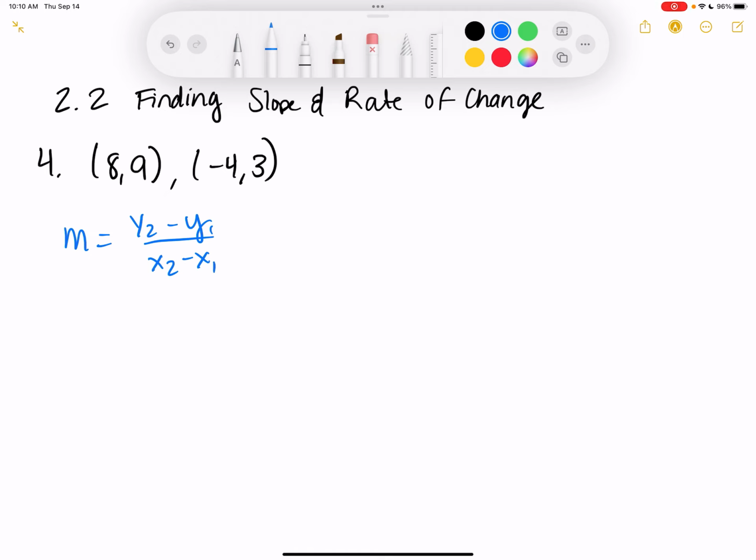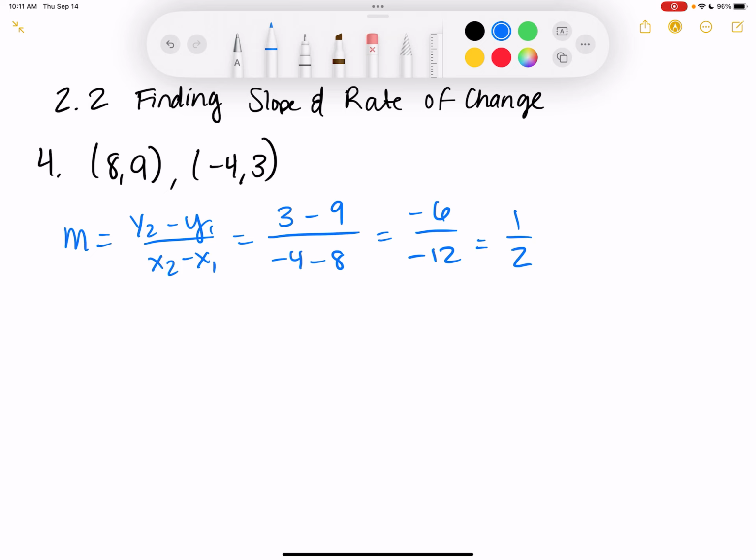I won't write it every time, but just the first time I'll write it out. It doesn't matter which is point 2 and which is point 1 as long as you are the same across the board. So 3 minus 9 over -4 minus 8. So that's -6 over -12, which reduces to 1/2.